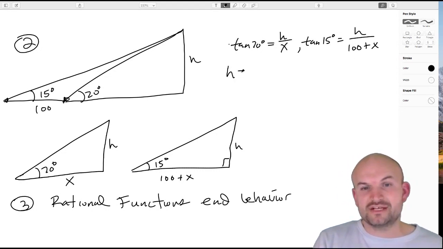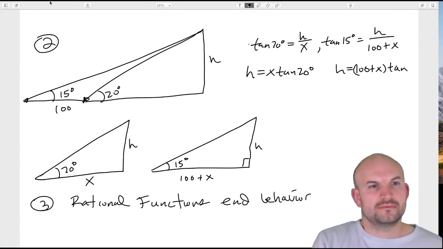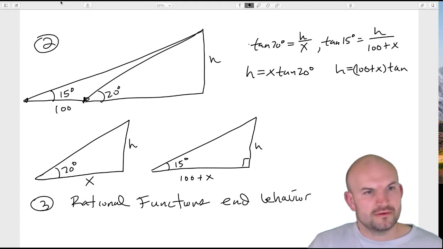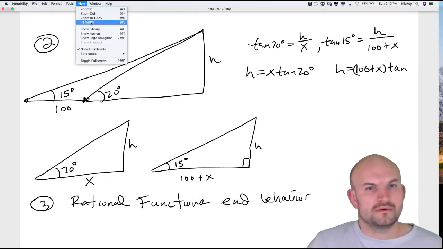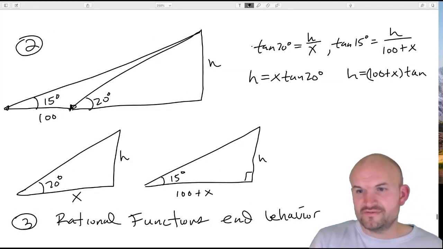So I can say h is equal to x times the tangent of 20 degrees. And here we can say h is equal to 100 plus x times the tangent of 15 degrees.